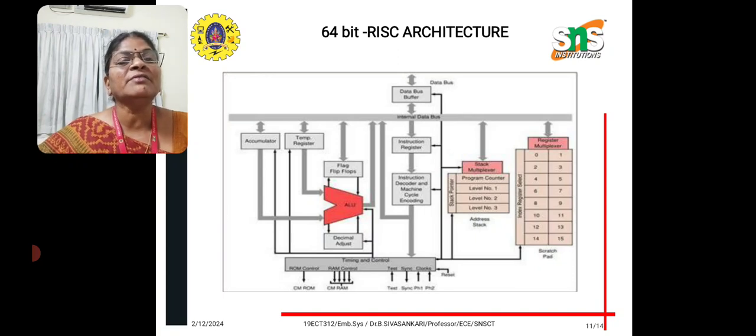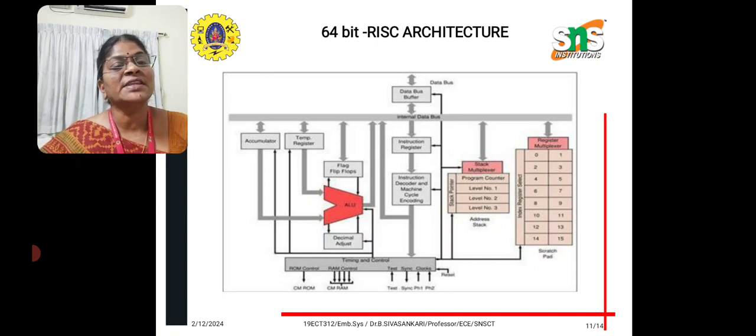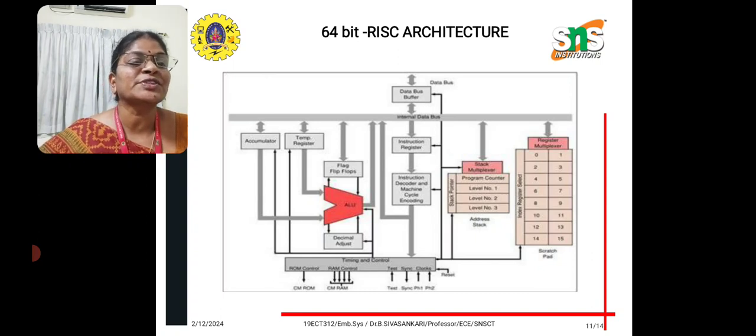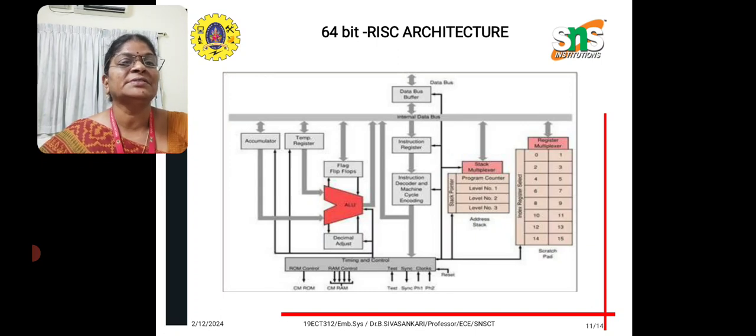This is typically our 8085 microprocessor. We have seen all these same control blocks and processing blocks in the 8085 processor, like accumulator, ALU, flag registers, decimal adjust, temporary storage registers, then general purpose registers and special purpose registers, 8-bit and 16-bit, right?